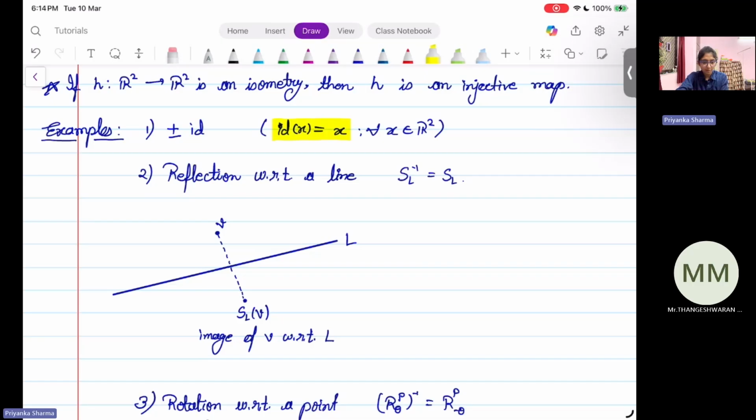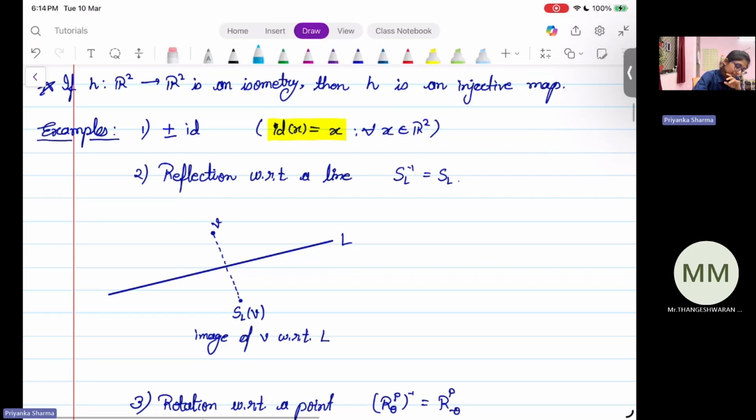So this is an isometry, and similarly the negation of it, that is minus ID of X, which is minus X, which maps X to minus X. This is also an isometry. Whenever we hear the term isometry, be clear that we are discussing some injective, distance preserving maps.